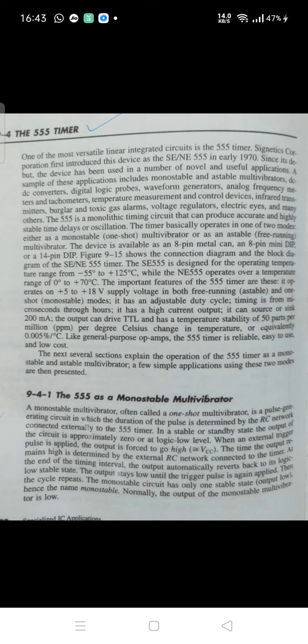It is a timer circuit which is used for a number of applications. I will show the block diagram of the 555 timer.